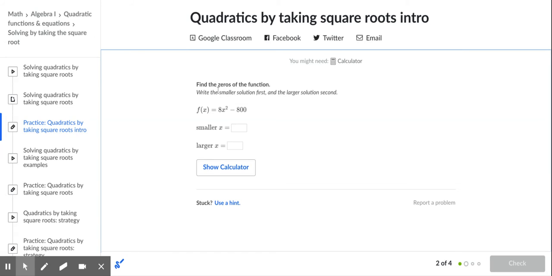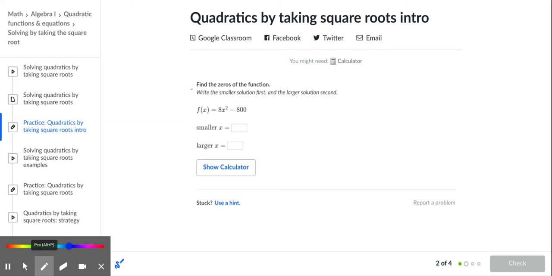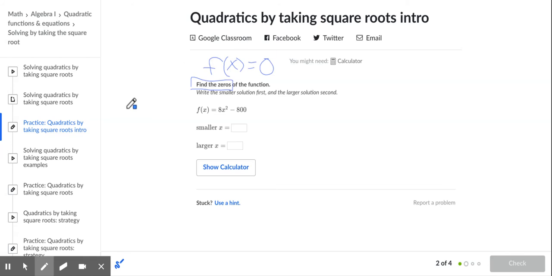When it says find the zeros, it means replace the f of x with 0. So find the zeros means find x so that this is true. So I'm going to replace this with 0.